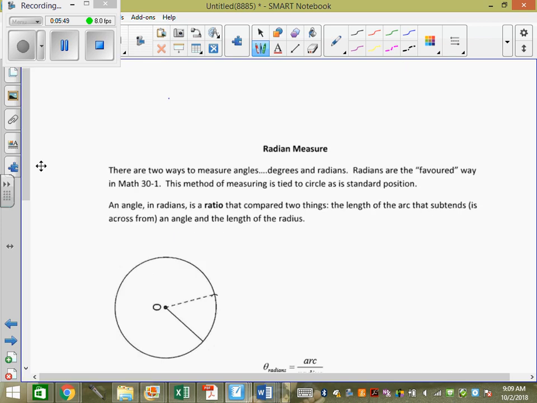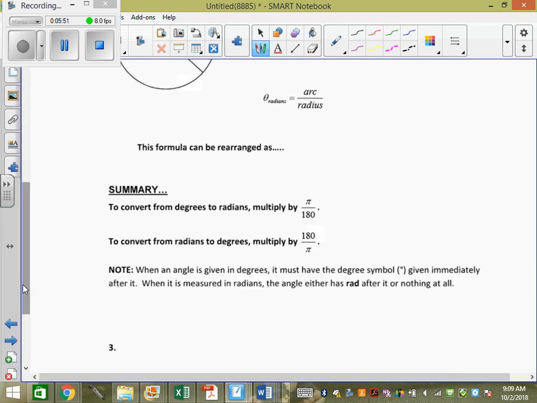Okay, radian measure. You guys have already gone through this. So I remember it as Dr. Pot. Degrees to radians. Pi on top.